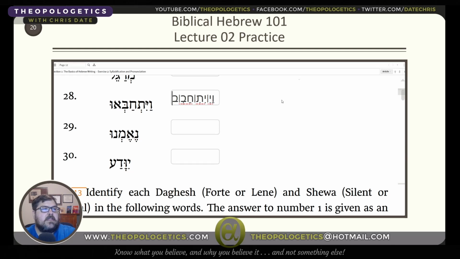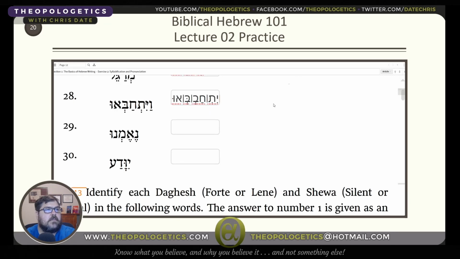So actually what I'm thinking is that the shava is vocal, making it a syllable all its own, and then it's followed by aleph shureq. So this is vai yit chab ba'u. Vai yit chab ba'u.